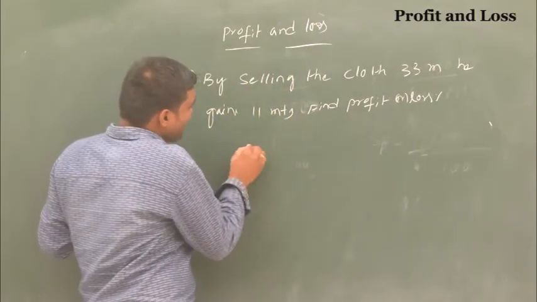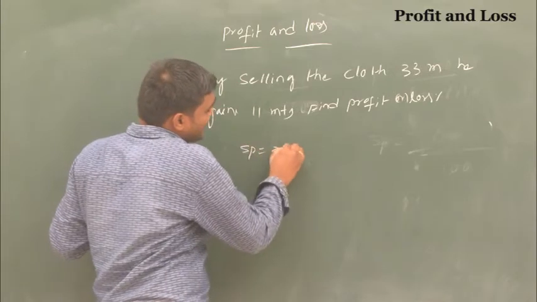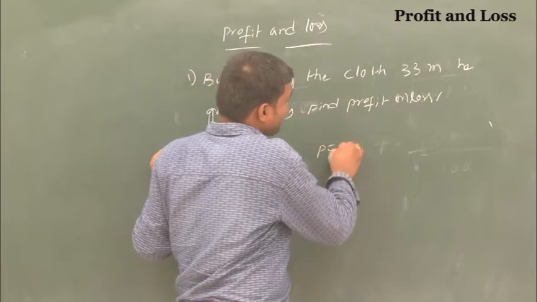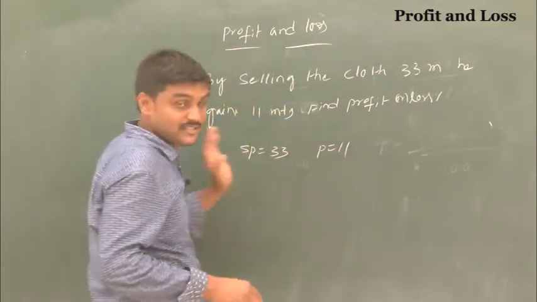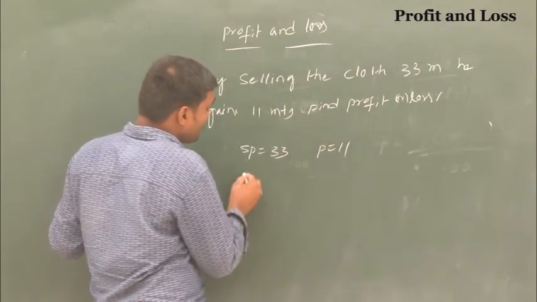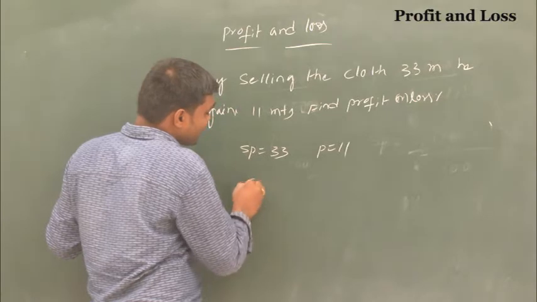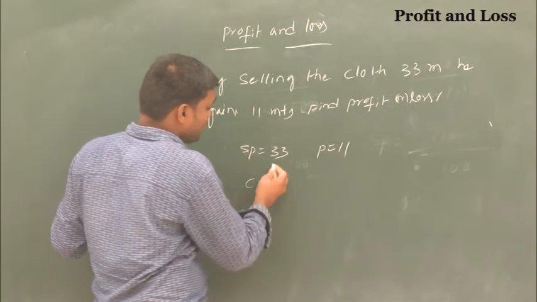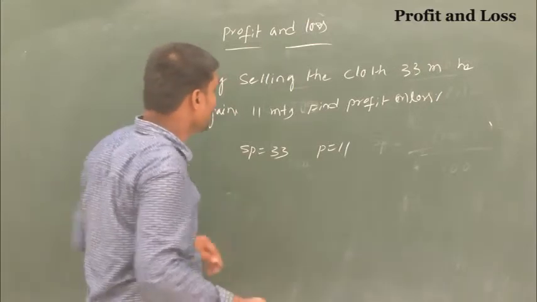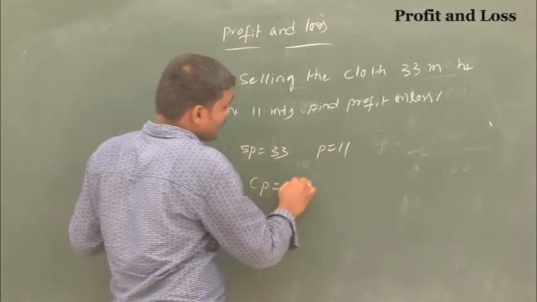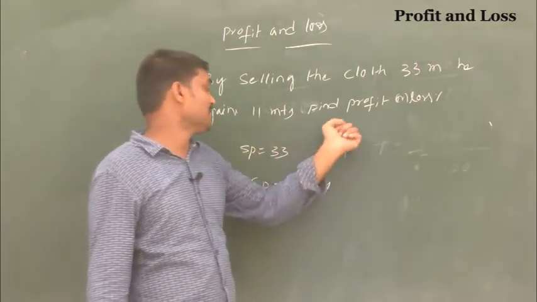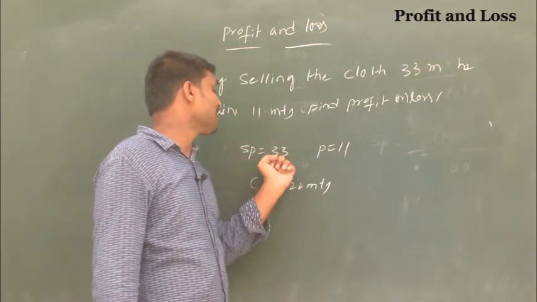So selling price equals 33 meters, and the profit is 11 meters. If you want profit or loss percent, we need cost price. Cost price equals 22 meters, because he gains 11 meters and the selling price is 33 meters.